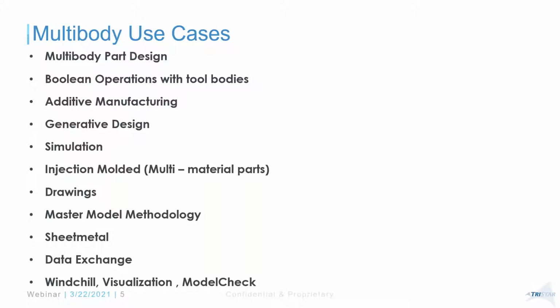And then Windchill and visualization: when you go to Creo View or you check into Windchill, what happens currently? If you're on any release other than 12, like 11.1, 11.2, or 10.0, you're just going to see a single part, and you're not going to see that structure inside if you use WT part structures and whatnot.